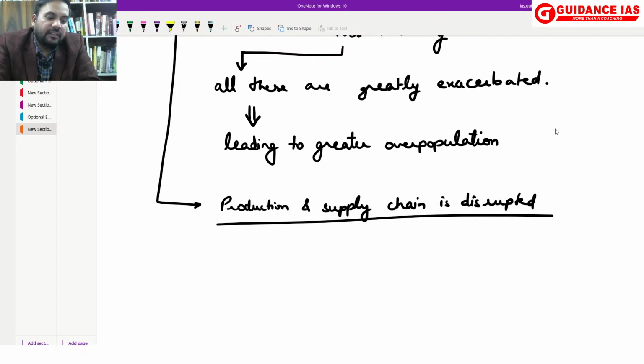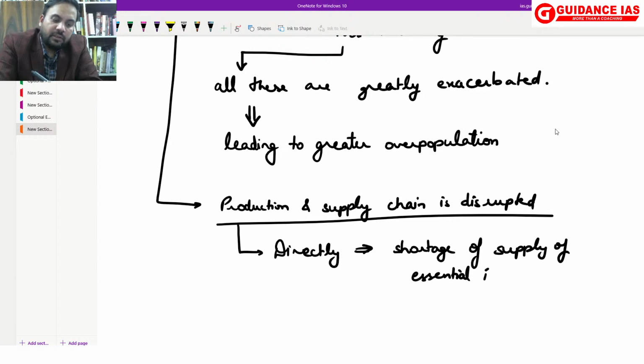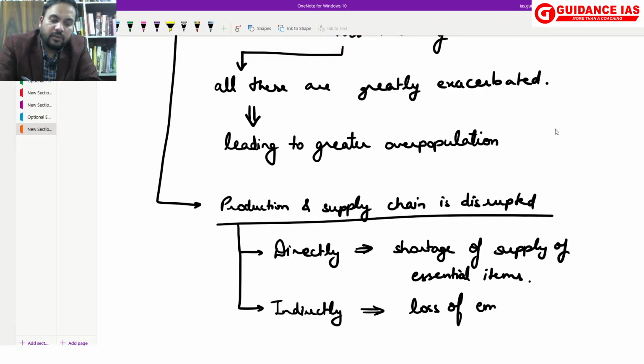So this can lead directly to shortage of supply of essential items, and second, indirectly it can lead to loss of employment opportunities.